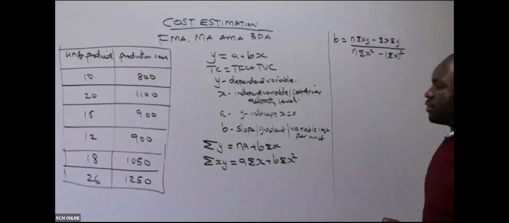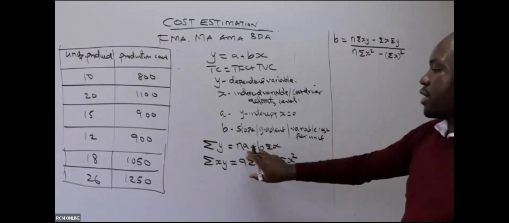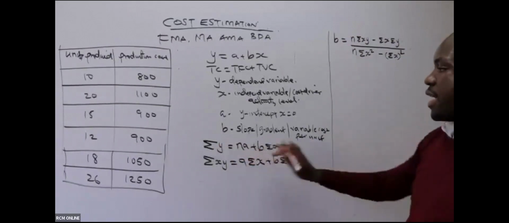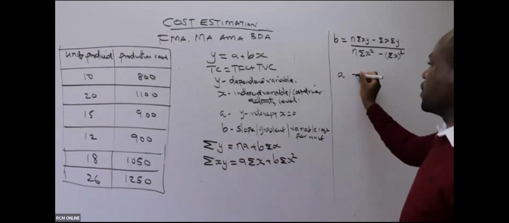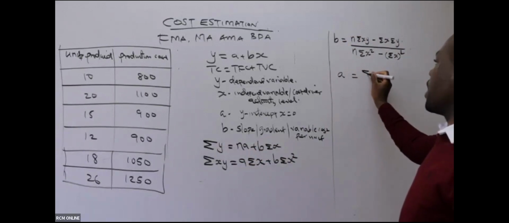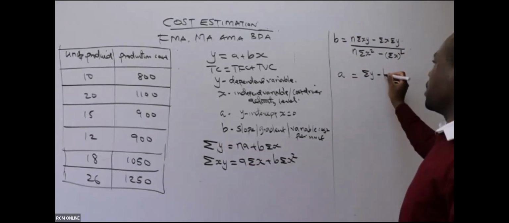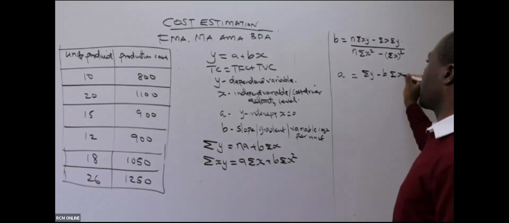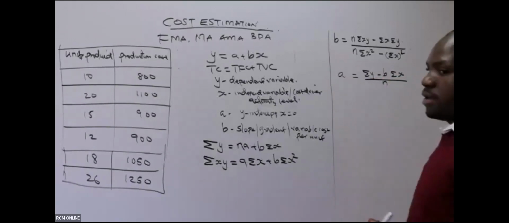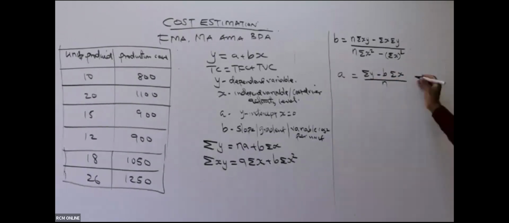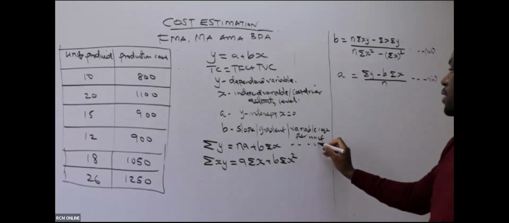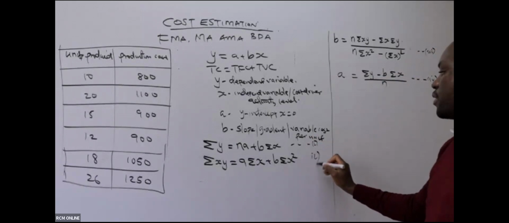How will we get the value of a? The value of a is basically making a the subject of the formula here. So a is equal to summation of y minus b summation of x, then everything divided by N. So this is the first, this is the second, this is the third.